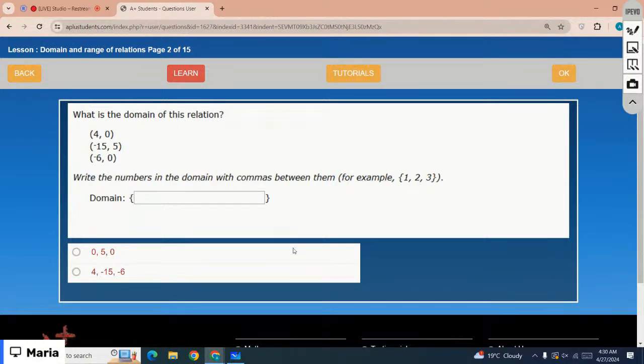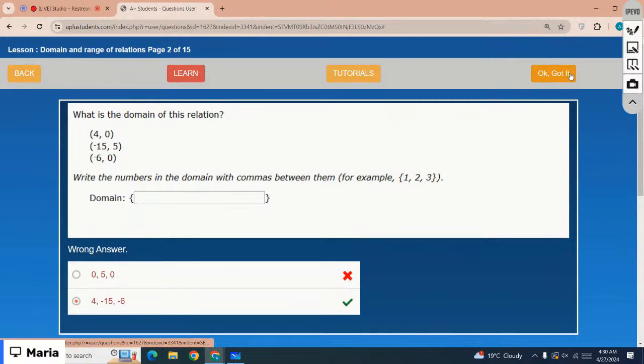Option number 1 is the correct option. Oh, sorry, domain is all the x values, not the y, right? Domain is all the x values of a function, so 4, -4, and -6 is the correct option.